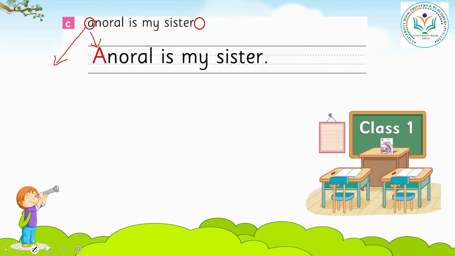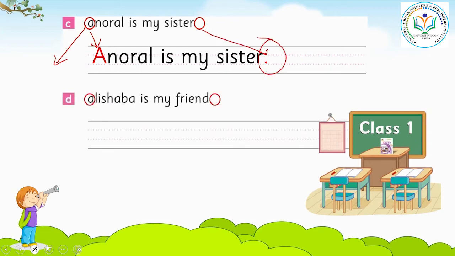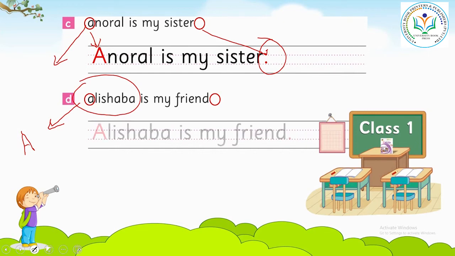And there is a full stop at the end of the sentence. The next example is Alishba, A is small. So A will be replaced with a capital letter and there should be a full stop at the end.